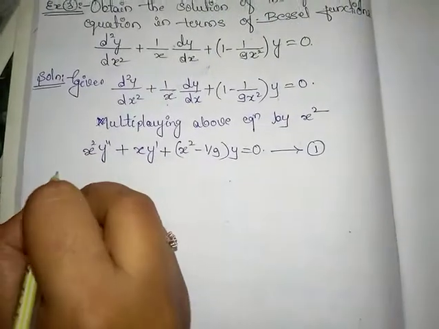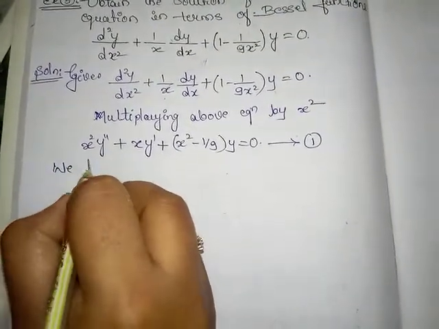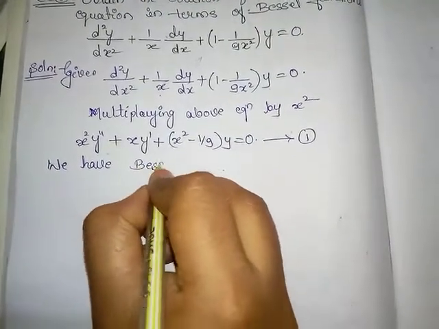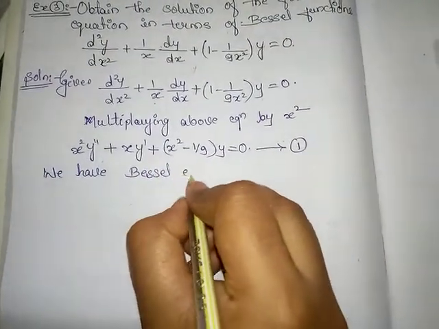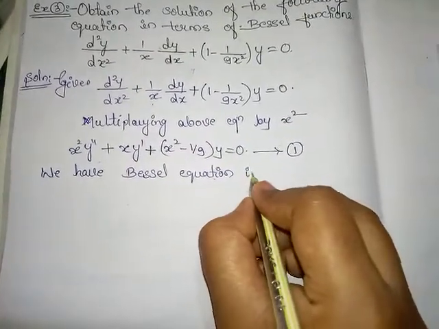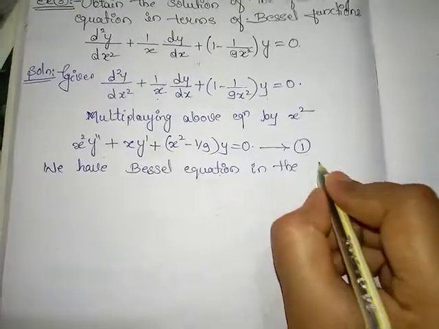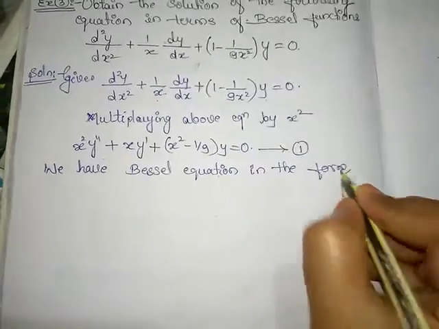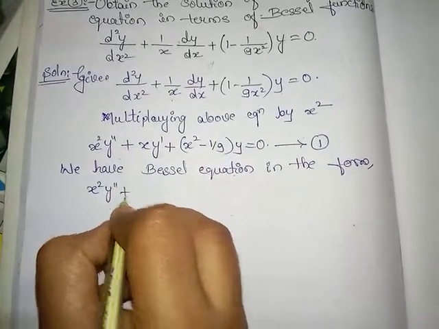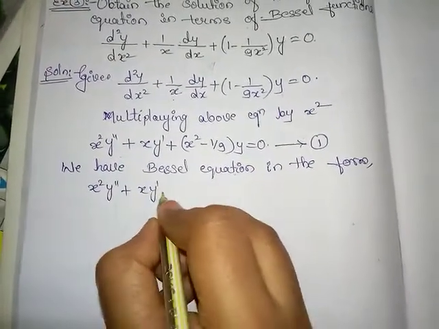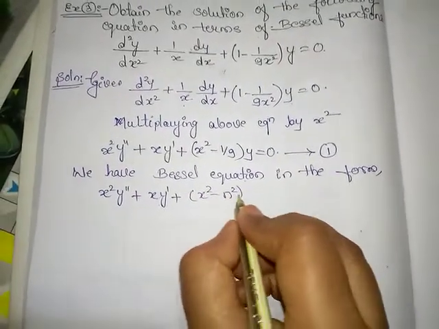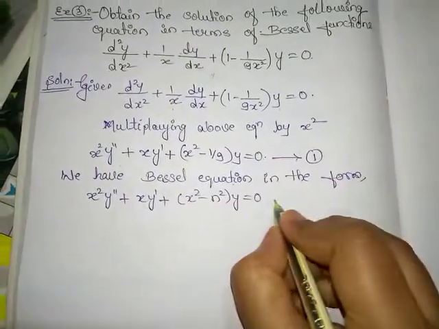We have Bessel equation in the form x square y double dash plus x into y dash plus x square minus n square into y is equal to 0.